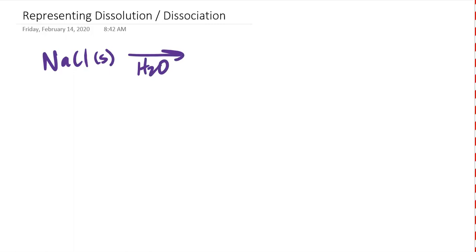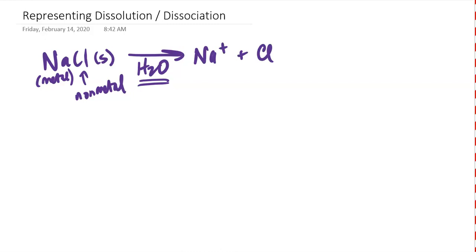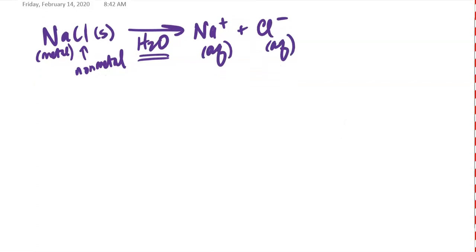Since we have a metal, sodium, and a non-metal, chlorine, we know this compound is more than likely ionic, and so it should break apart into its component ions if I put it in water. And those ions should be the sodium cation and the chloride anion. And so each of these would then be an aqueous solution. Now this is a rather simple example.